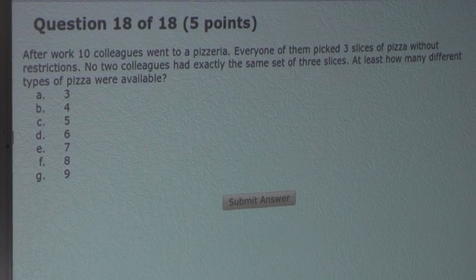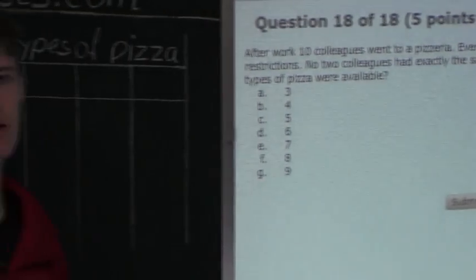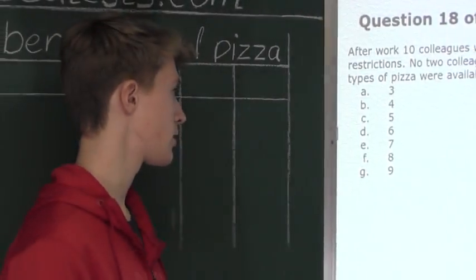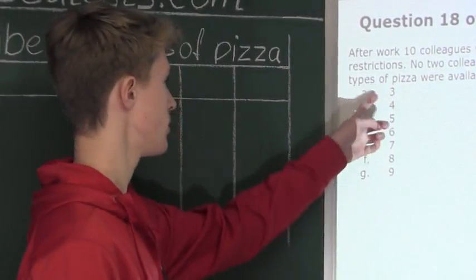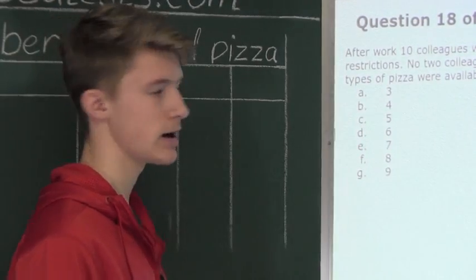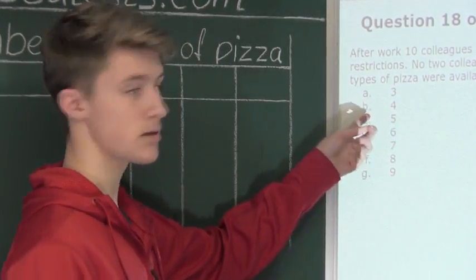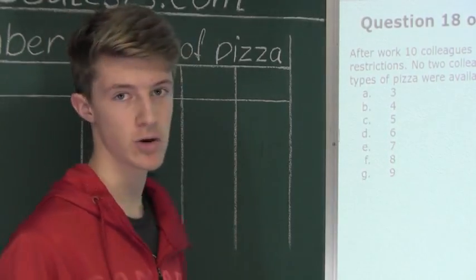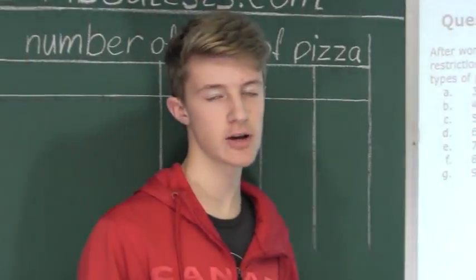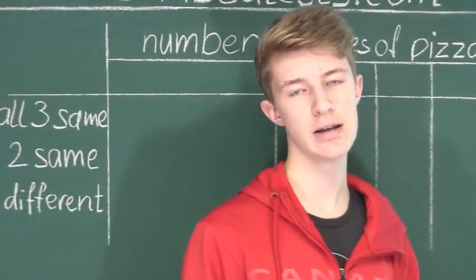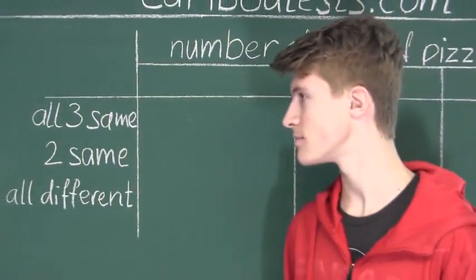Now, a simple strategy would be to write down all the options that you could pick 3 slices from either 3 or 4 or 5 different types of pizza. But since the number of options gets very big quickly, we need a general formula for the number n of different types of pizzas.